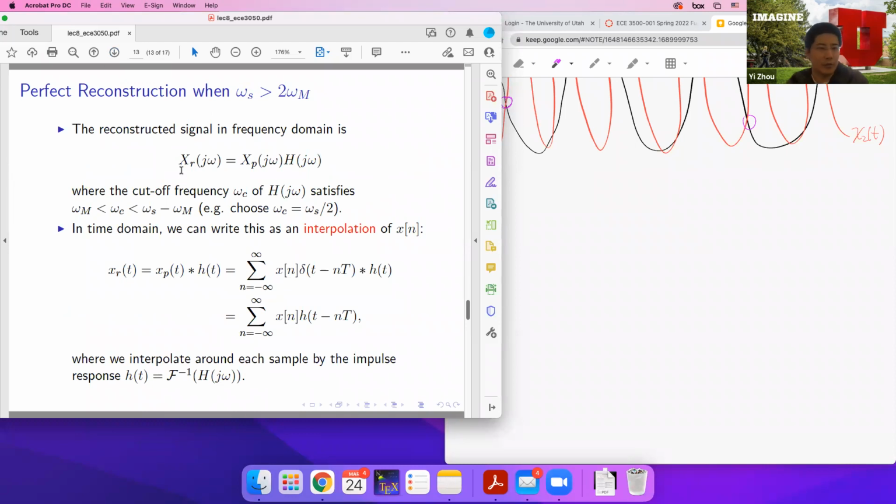Okay. So specifically, what you do is this: you have your sample signal, and this is the spectrum of the sample signal. And then you design a low-pass filter H, such that the cutoff frequency ω_c satisfies this inequality, like we discussed in the previous slides.